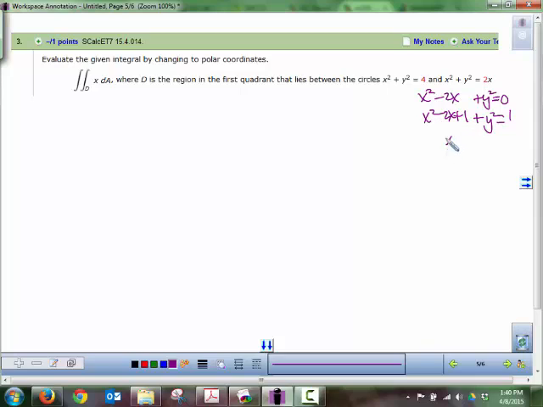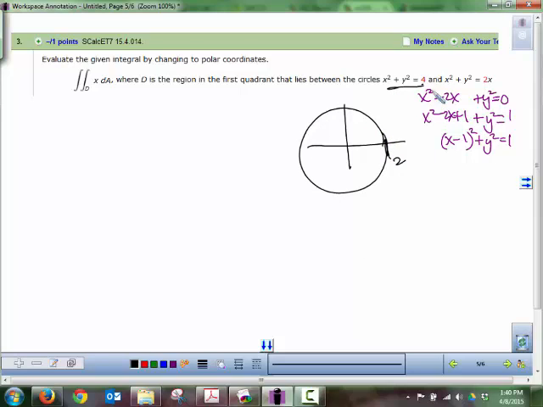And when you finally complete the square, you see that the center point is not at 0, 0 anymore. The center point is somewhere else. It's at positive 1, 0. So your domain D, you got a circle of radius 2. That's the first one. And then this circle is radius 1 with center point here.